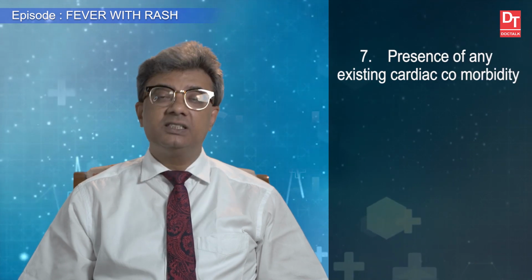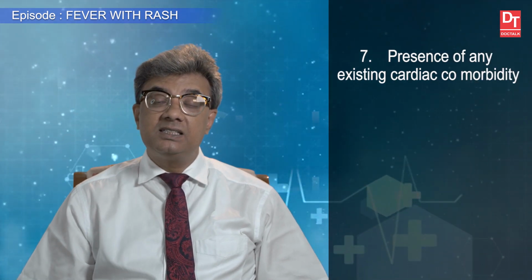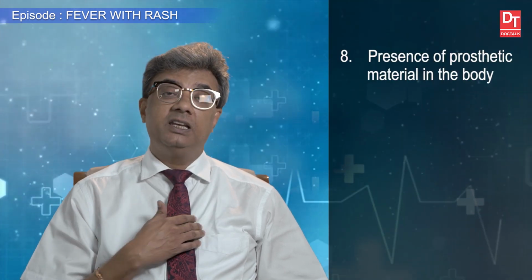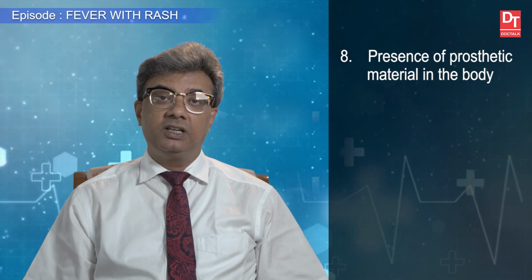Whether that patient is having any existent comorbidity like any cardiac comorbidity, that is very important in history. Whether that patient is having any prosthetic material in the body like any prosthetic valve or not, that is very important, because that is related with endocarditis, and you know endocarditis very often presents with fever and rash.